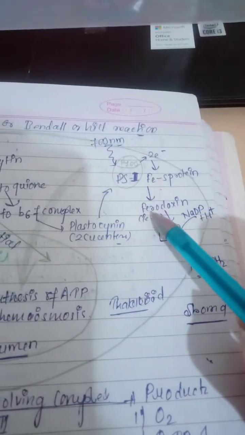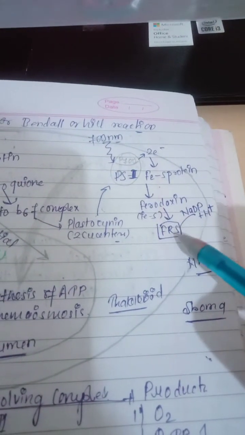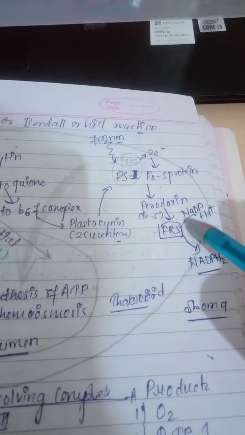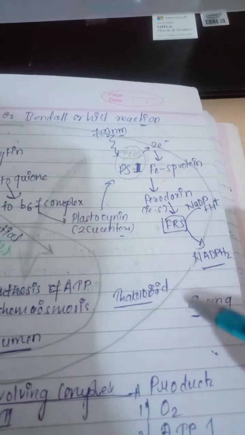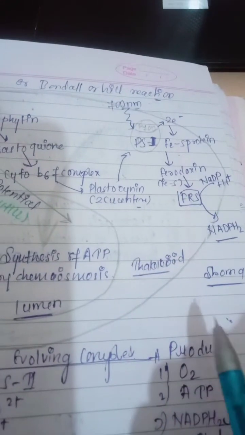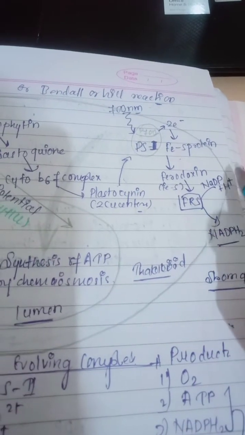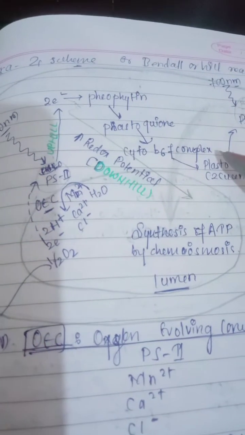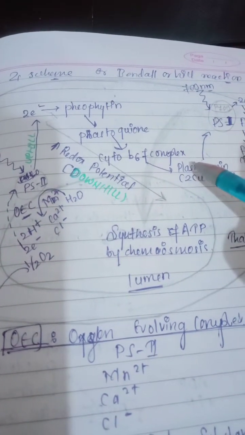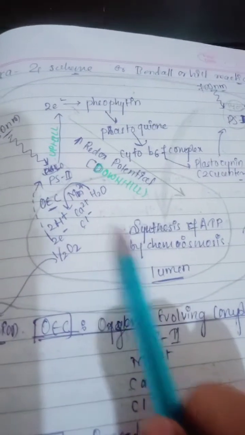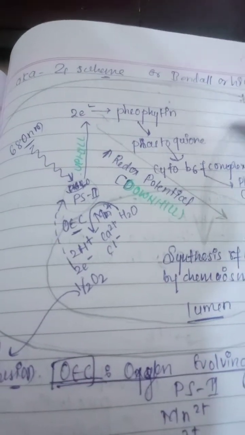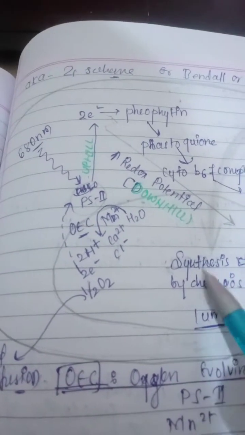FeS protein gives it to ferredoxin, and this FRX complex converts NADP plus H plus to NADPH2, and this H plus comes from the stroma lamellae. This is the lumen, and the electrons come inside the lumen for synthesis of ATP by chemiosmosis.